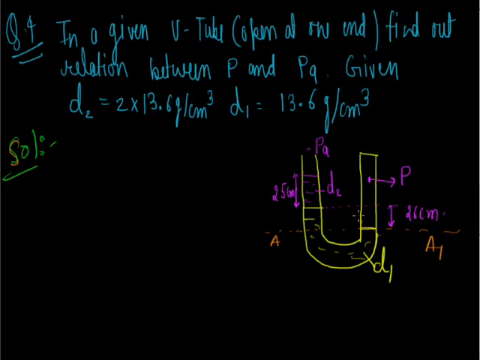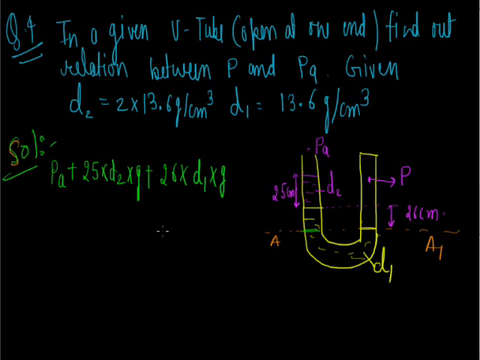The net pressure will be PA plus the pressure applied by the liquid of height 25 centimeter, which is hdg, so 25 into D2 into g, plus the pressure applied by the liquid of density D1 of height 26 centimeter, so 26 into D1 into g.